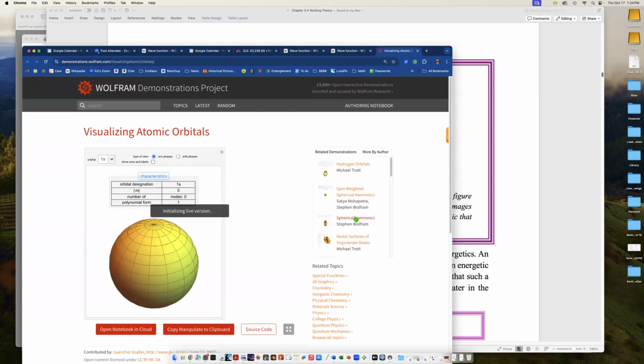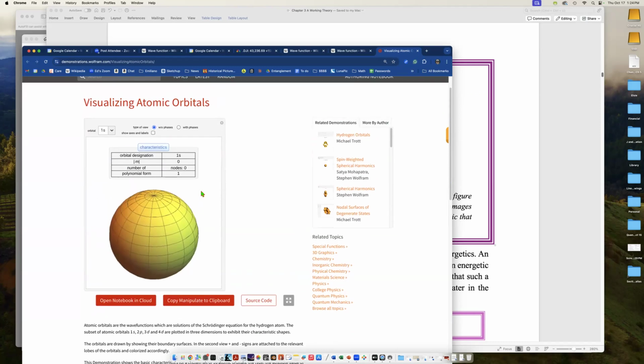So we'll look at another animation. So here we have the ground state of hydrogen, that's called 1s. And with this mathematical tool, this is a physics-based tool, you can, well, first of all, you can see the distribution of the electron cloud, the probability cloud is spherical.